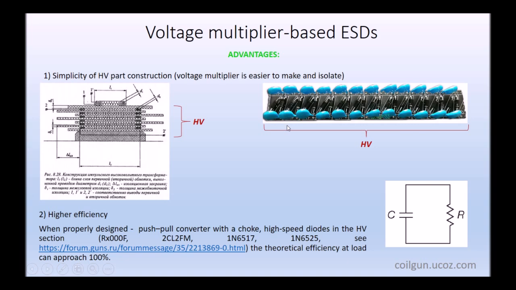For example, I found in AliExpress 8-stage multipliers or 24-stage, as it is depicted here. What are their advantages? They are simple. The most complicated multiplier is much more simple to make than transformer one. Why is it so? It's clear from these pictures.